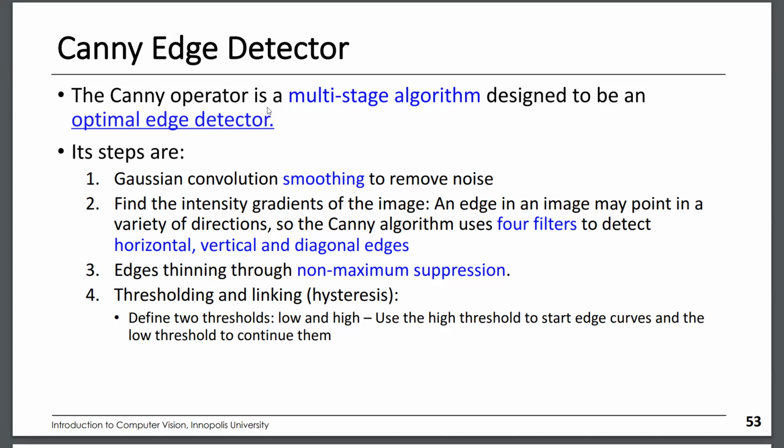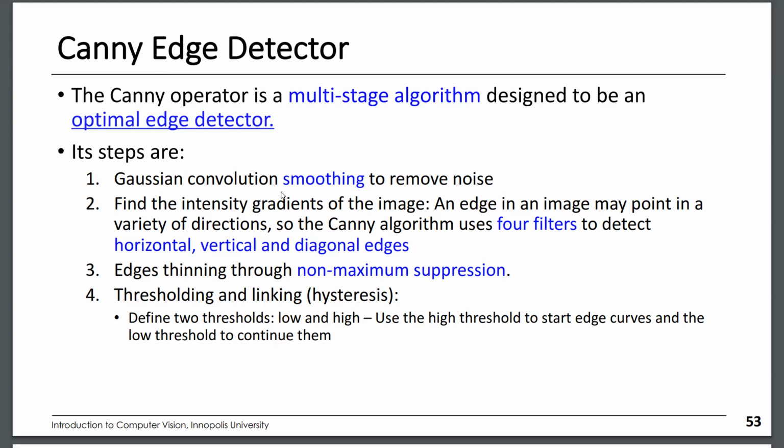So the Canny operator is a multi-stage algorithm designed to be an optimal edge detector. It's not currently being used for anything in industry, so do not expect to see it that much, but it's still a very interesting algorithm that you could take some ideas from.